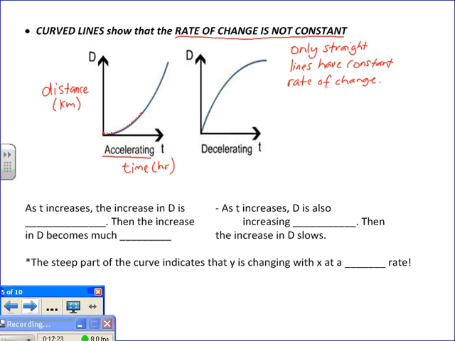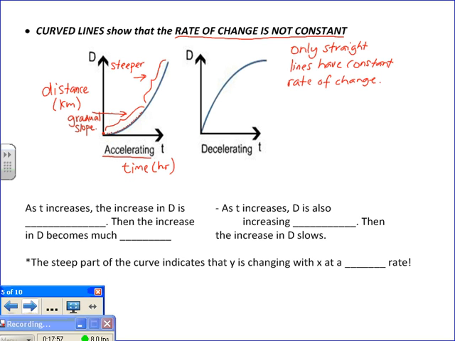This is increasing in distance. And I see that in the beginning of the graph, if I were looking at the difference in steepness, it's a little bit more gradual. It's a more gradual slope, or in other words, a more gradual increase. And then as I get higher up towards the top of the graph, I can see that this becomes steeper.